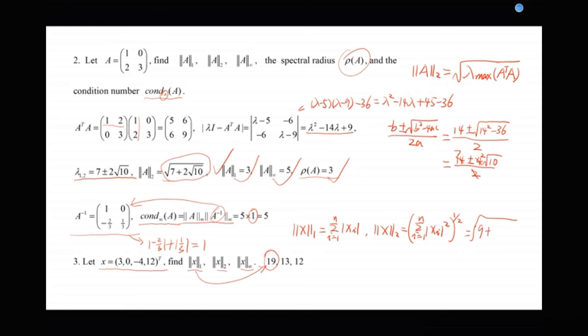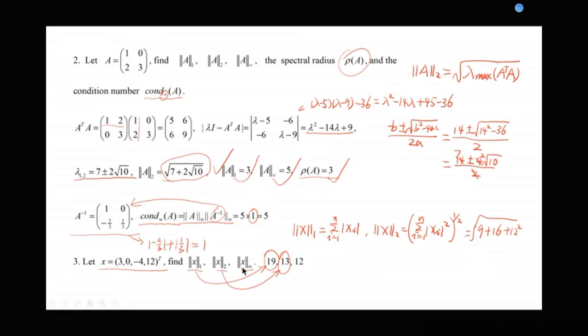Plus 4 squared, which is 16, and plus 12 squared, right? Okay, you can obtain the answer, at last the square root is 13, okay? Clear? You can use your calculator to check.